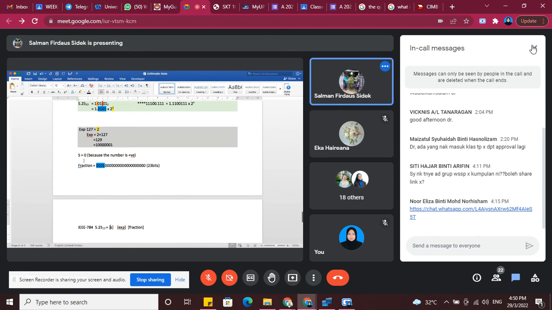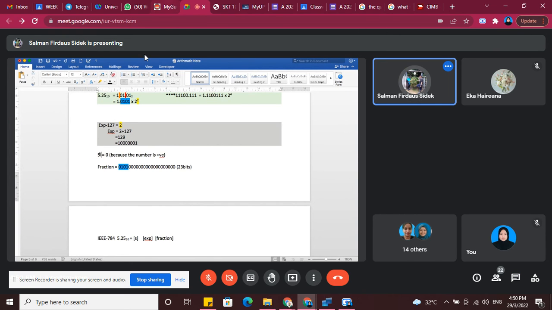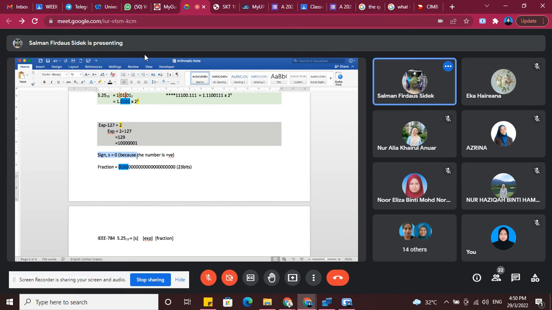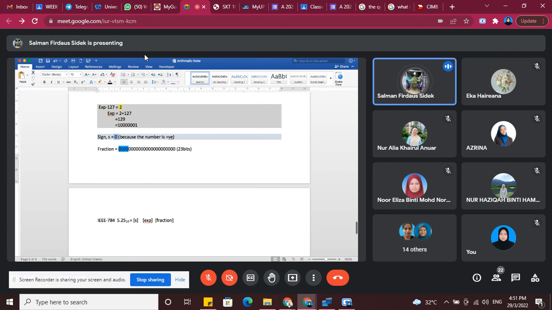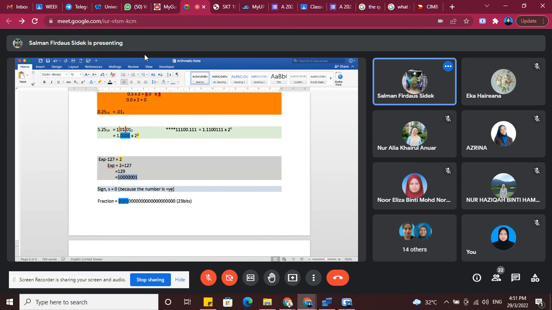Okay, the sign here is this one, 0. Sign or S. I put the color here. Okay, so sign is 0. So I take 0 here and I put it here. 0. So this is the sign. And then I put exponent here, this is the exponent.